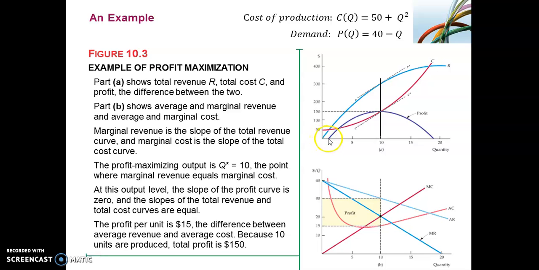So in this region, while your cost lies above your revenue, you'll have negative values for profit.